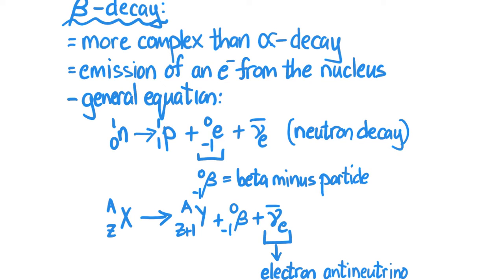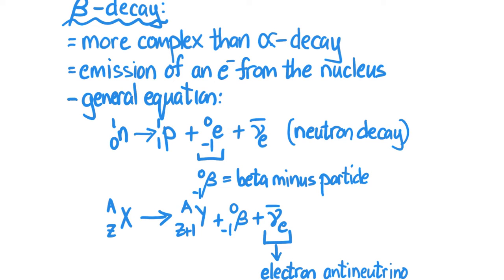That's for the antiparticle. If we now look here and we see, okay, on the left-hand side, there's a mass number of A. On the right-hand side, A + 0 is A. So the baryon number is conserved. The mass number is conserved. If we look at the atomic number, it is not actually conserved.